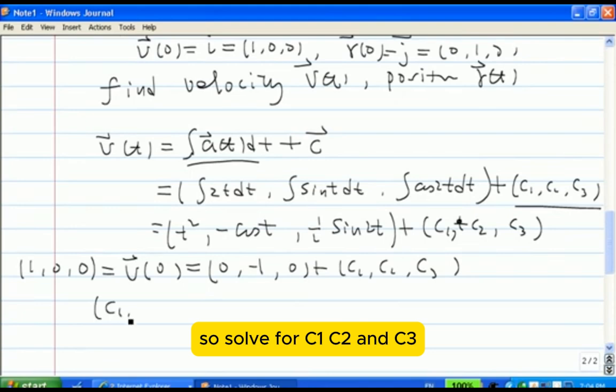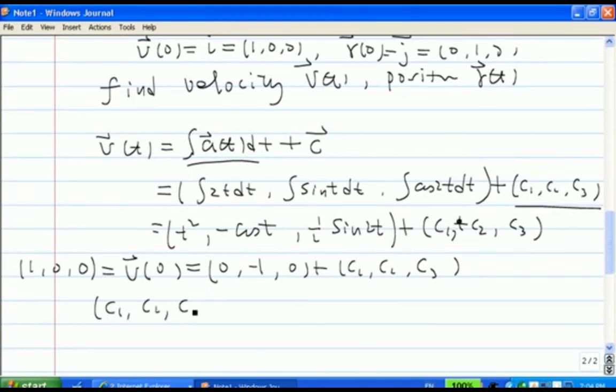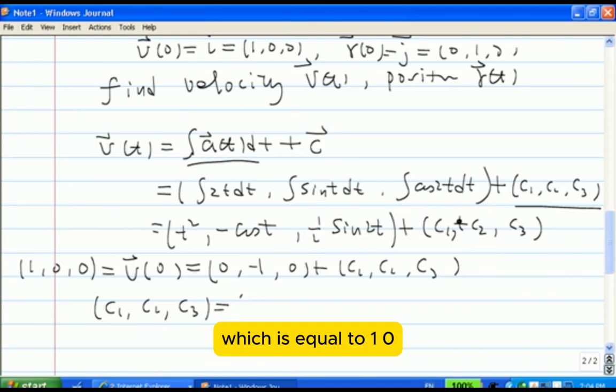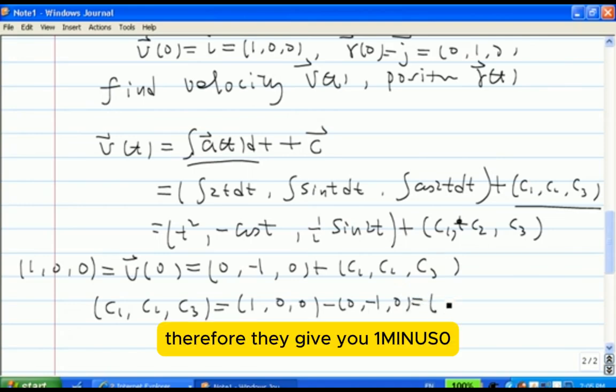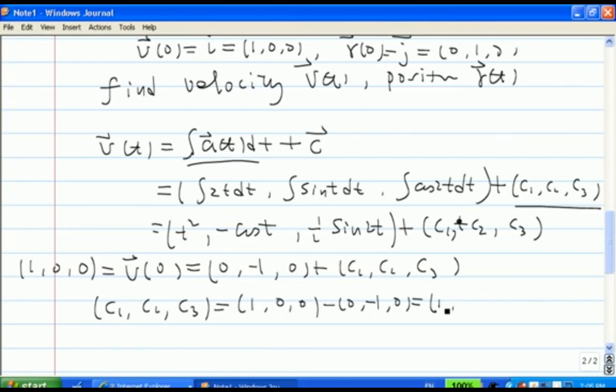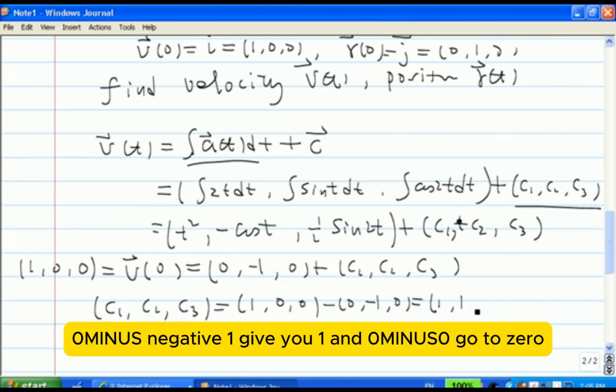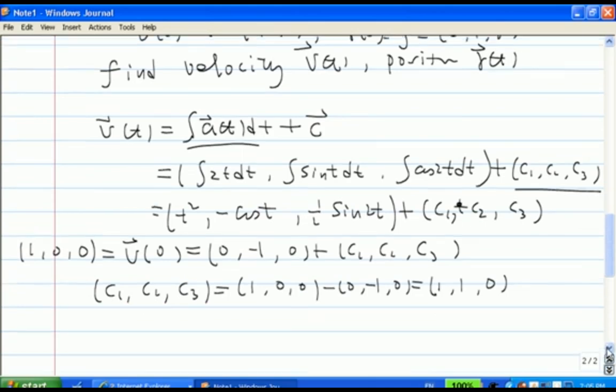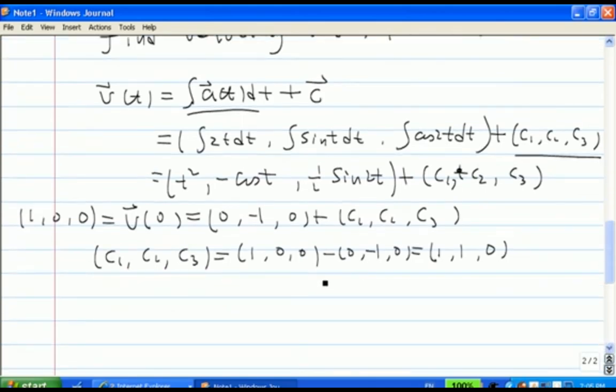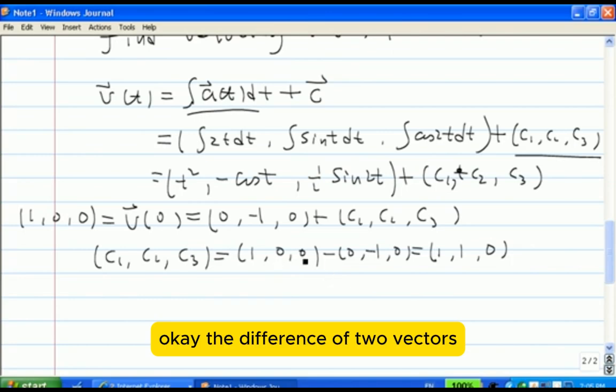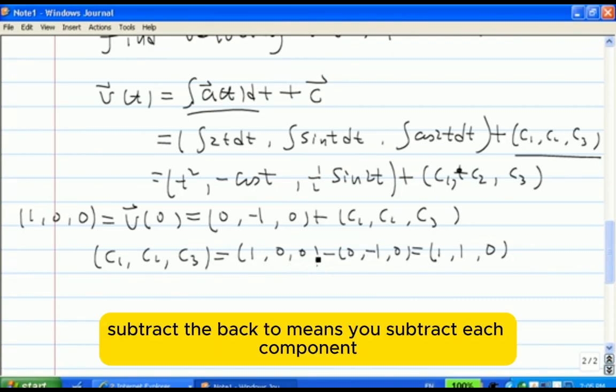So solve for c1, c2, and c3, which is equal to 1, 0, 0 subtract 0, minus 1, 0. Therefore, 1 minus 0 gives you 1. 0 minus negative 1 gives you 1. And 0 minus 0 you get 0. To subtract two vectors, you subtract each component.